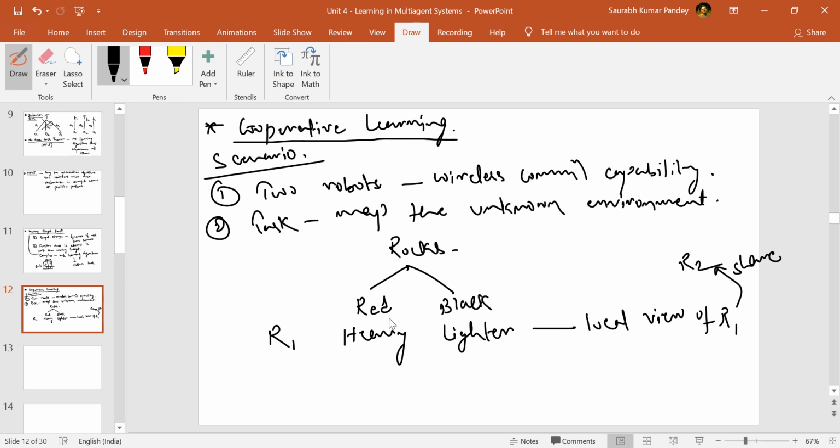Because sensing, monitoring and checking it would also consume some energy of R2. It may be that in the process of checking, its mechanism can get destroyed, the mechanical system can get destroyed, right? So what is happening over here? Robots are trying to communicate the information to one another, right? Why? Because they don't want to relearn the same thing.